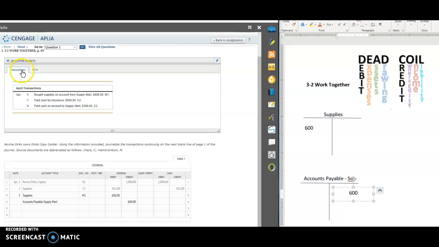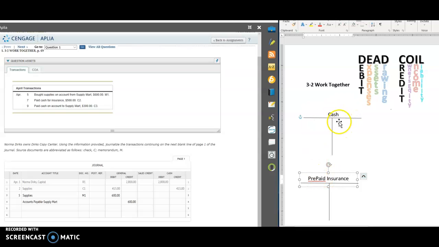Our next transaction on the 7th, we paid cash for insurance. Okay, so our accounts are going to be cash and prepaid insurance. All right, and we are paying cash, so that means cash is going down.